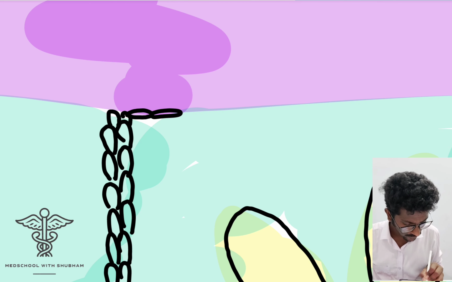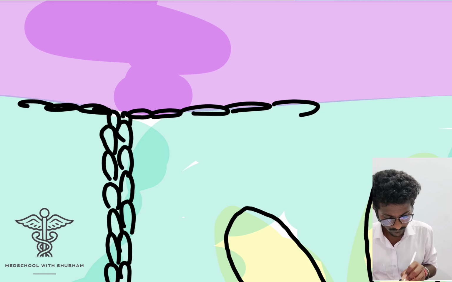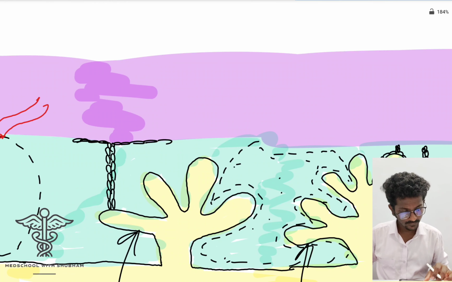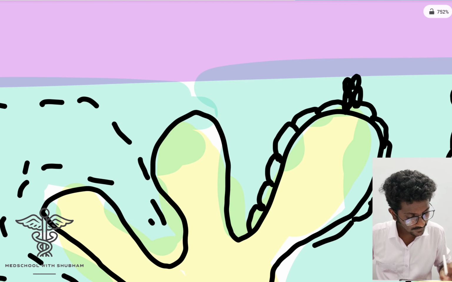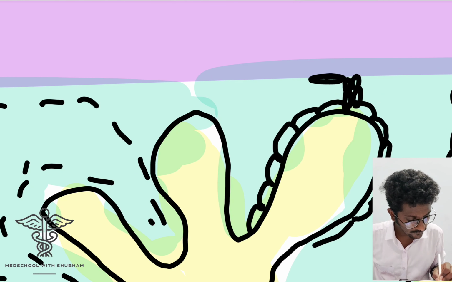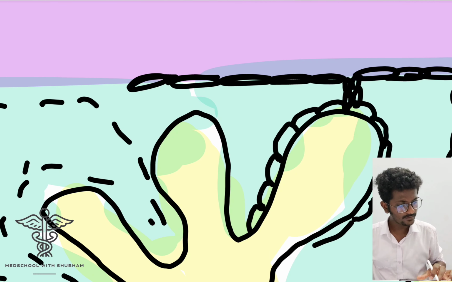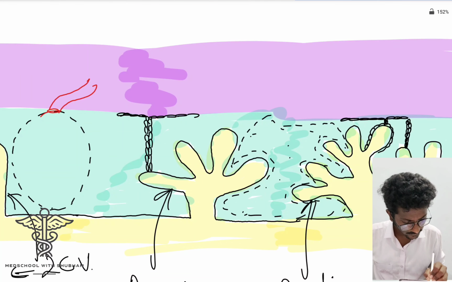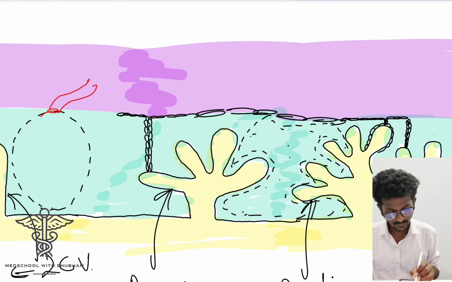One layer will go in this direction and this layer will go in this direction. I hope this is clear. Now same will happen here also. When it went upward and reached this point, it will also form two layers, one in this direction and one in this direction. In this way.